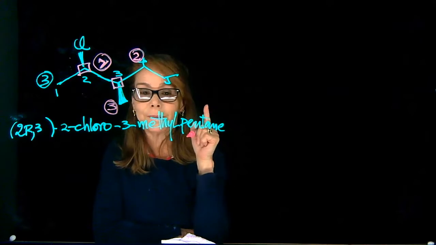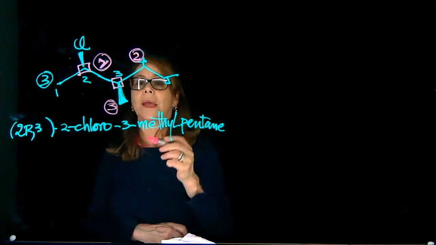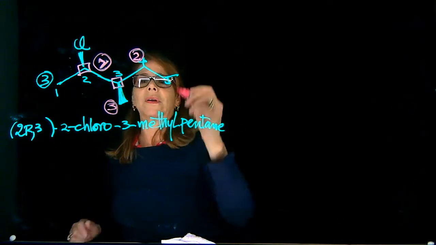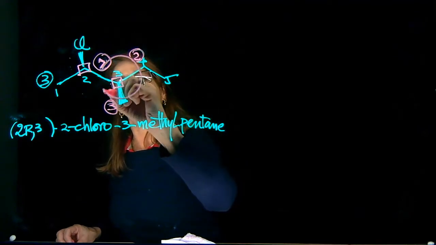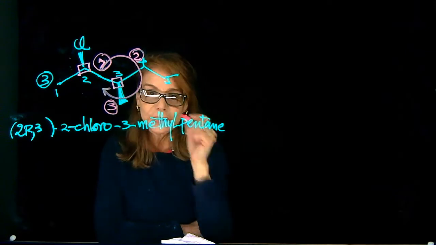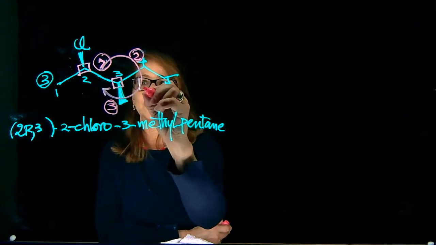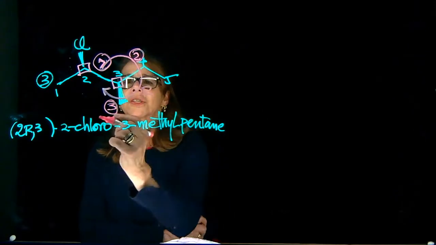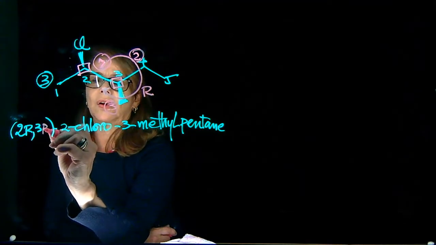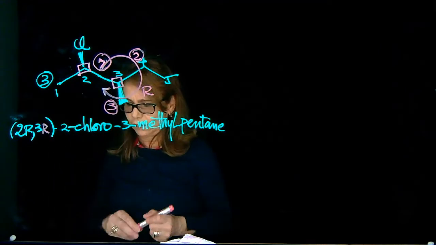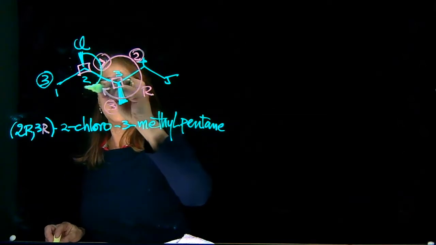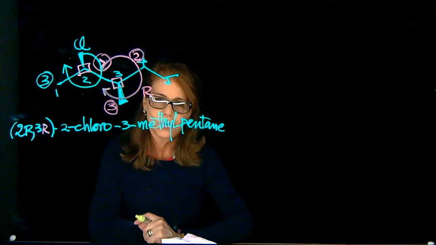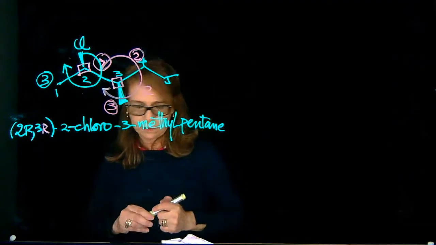It's behind, I'm looking at it the right way, and all I need to do now is follow the sequence: priority 1, priority 2, priority 3. I'm looking at that clockwise rotation, so it is R. So the second chiral center is also R. And let's do that in another color for the other center, 1, 2, and 3. So it is RR.